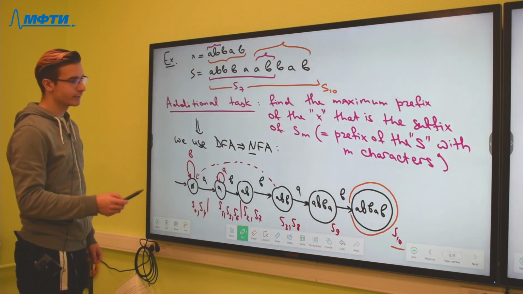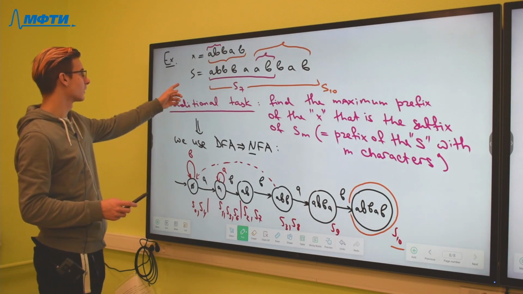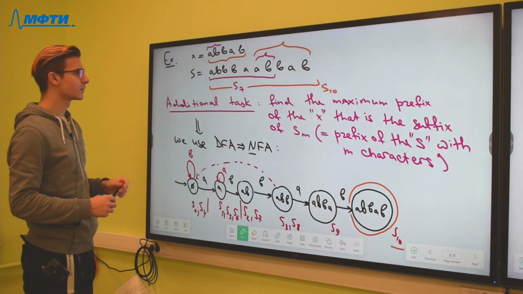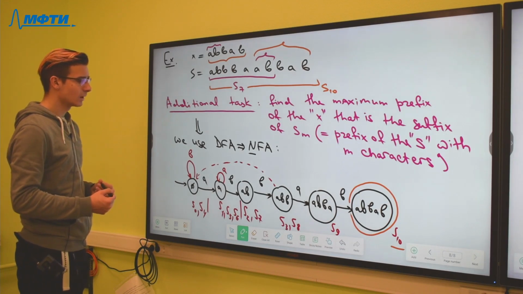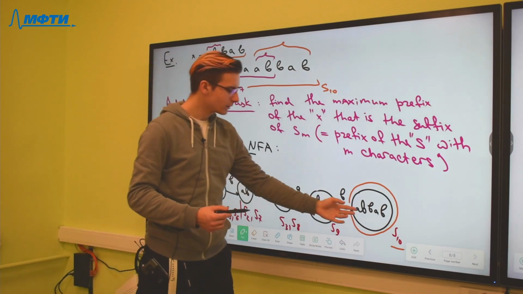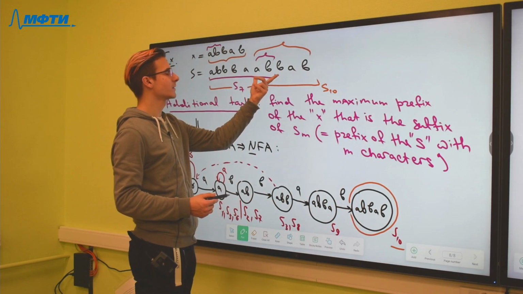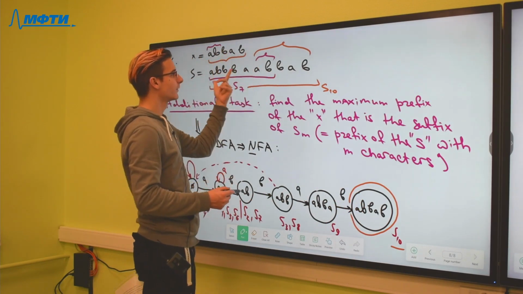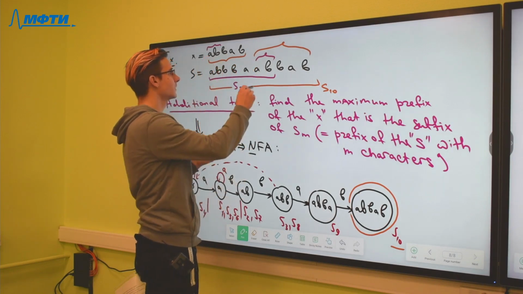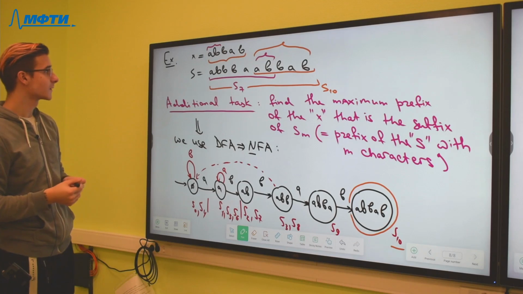For example, now we see that the substring equal to all the string S is here. So we say that the last 5 characters here are equal to X. So the substring of S equal to X is the last 5 characters.